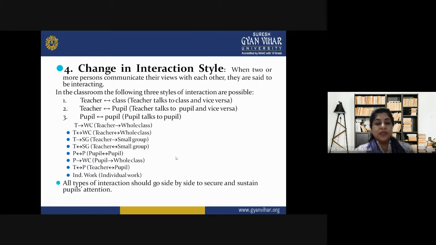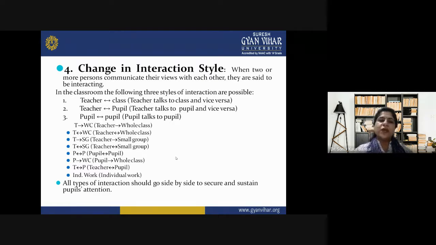Or the small group is talking to the teacher, or pupils are talking to each other, or a pupil is talking to the whole class. And individual work may also be going on in the class. So all types of interaction should go side by side to secure and sustain pupils' attention.